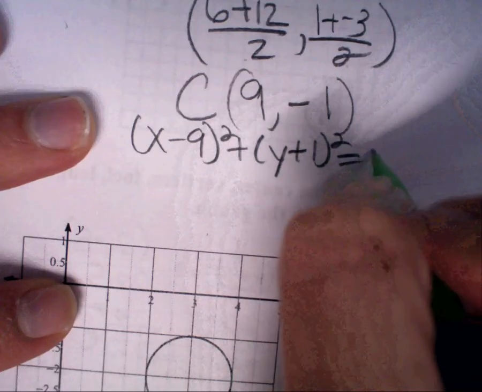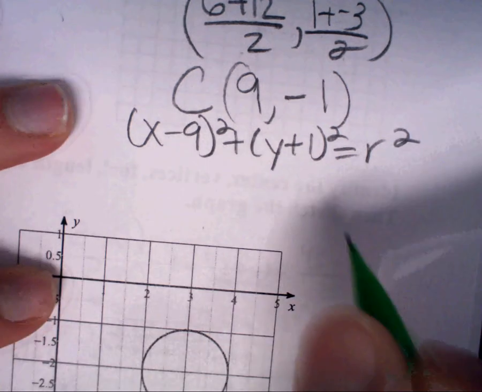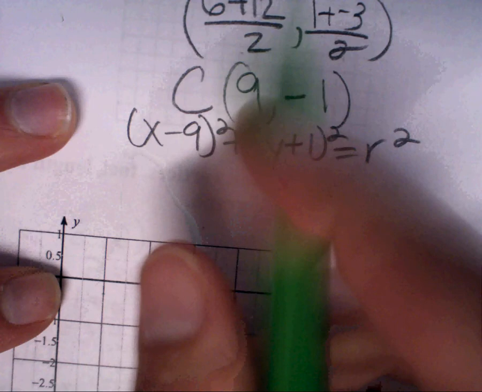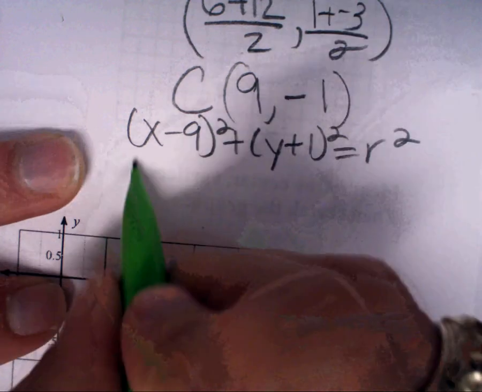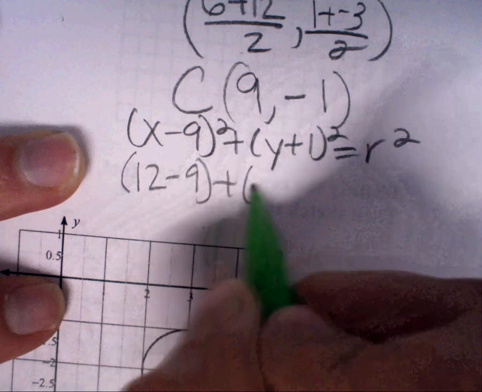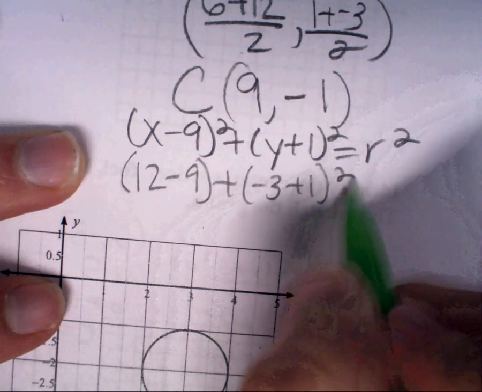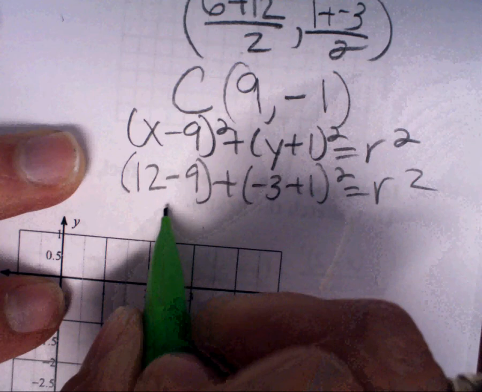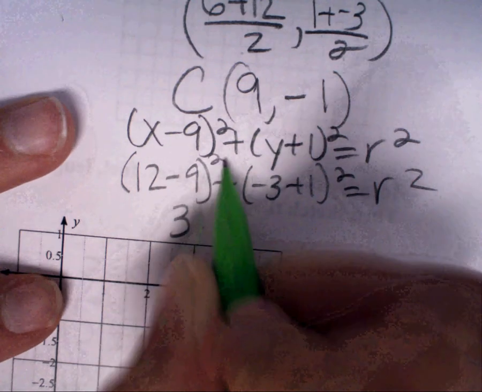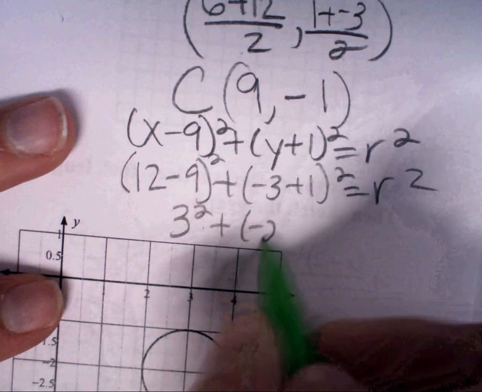And then to find my radius, I'm going to take my equation that I now know, and I'm going to take a point. So I like the point 12, negative 3, and I'll explain that in a second. So 12 for x, negative 3 for y. So this is 3 squared plus negative 2 squared equals r squared.